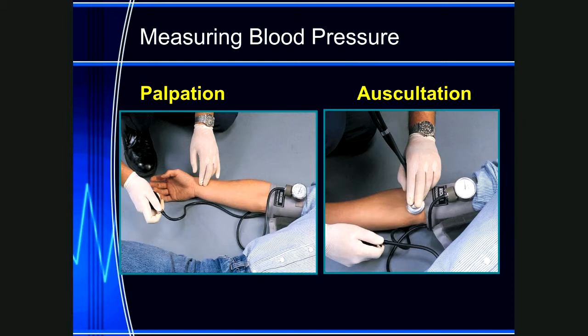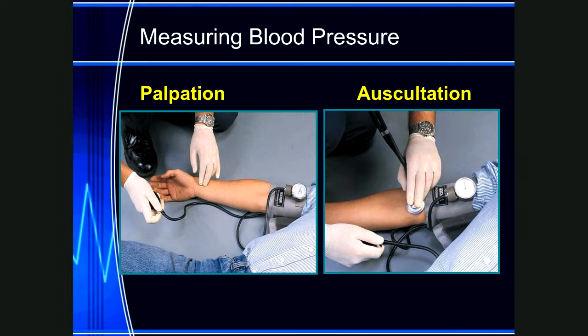We can measure by palpation, or we can measure by auscultation. Auscultation is when we use a stethoscope to listen for characteristic sounds. Palpation, on the other hand, is used when the radial pulse can be felt, but we don't have a stethoscope.